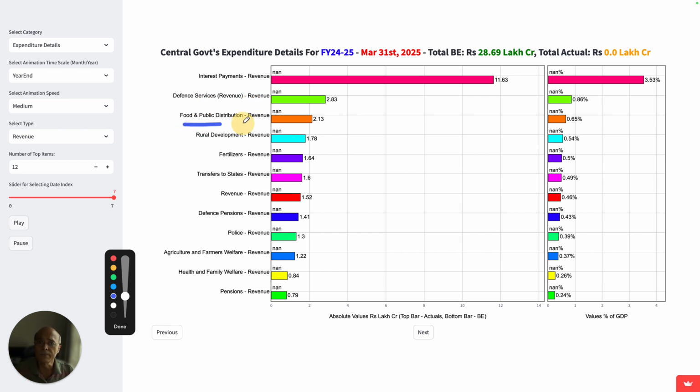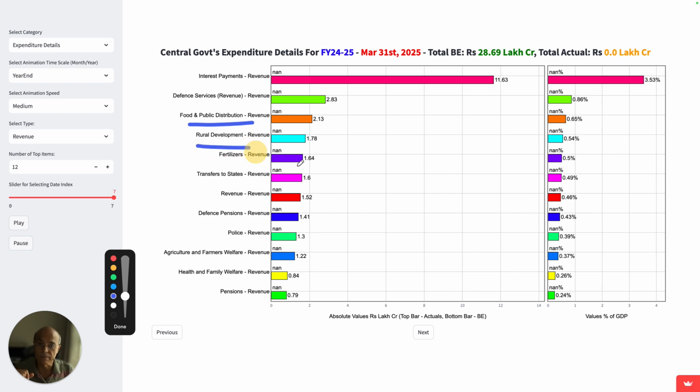Then food and public distribution revenue, because the Government of India pays subsidies, MSP subsidies, etc. A lot of things are there. Also the Government of India is giving free grains to a certain section of the population under the PM scheme. So that also is covered here.